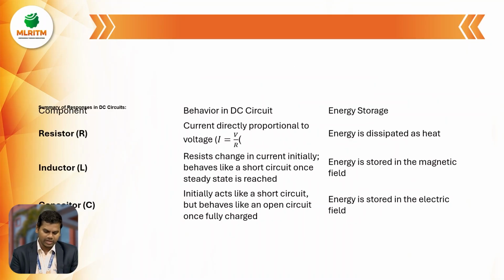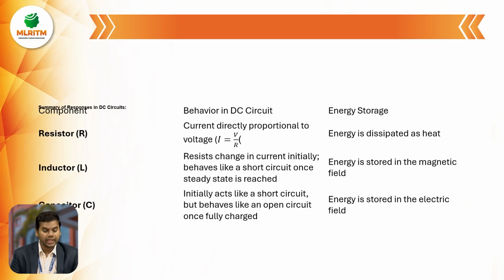The total differences of the basic circuit elements RLC, resistor, inductor, capacitor. For the resistor, the behavior in a DC circuit: the current is directly proportional to the applied voltage, so I is equal to V by R according to Ohm's law. In terms of energy, energy is dissipated as heat.